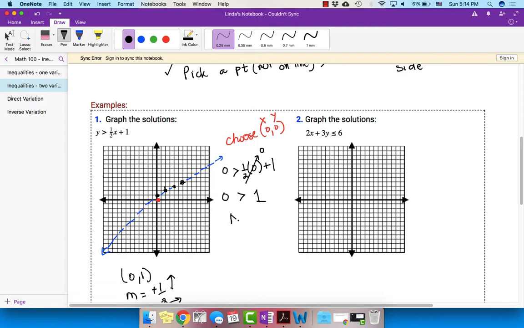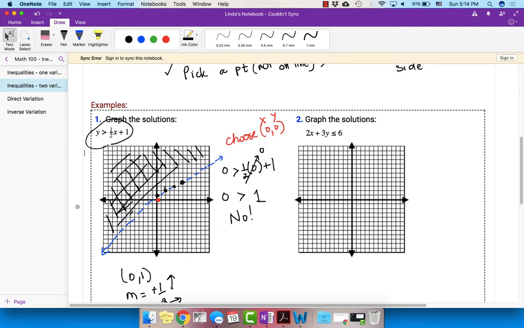No. Since the answer is no, I'm going to shade on the opposite side of the point that I chose. So the shading for this inequality is going to be this right here. Any point that lies in the shaded part is a solution to the inequality.